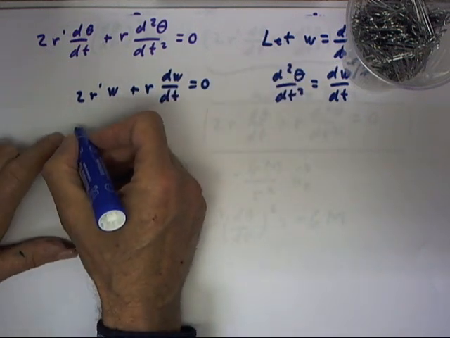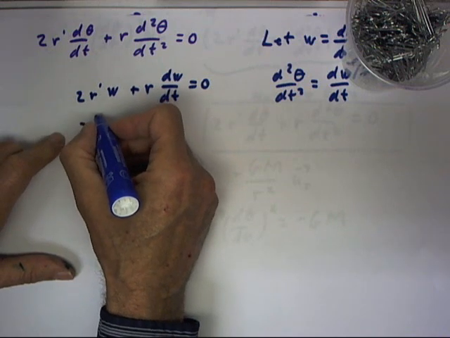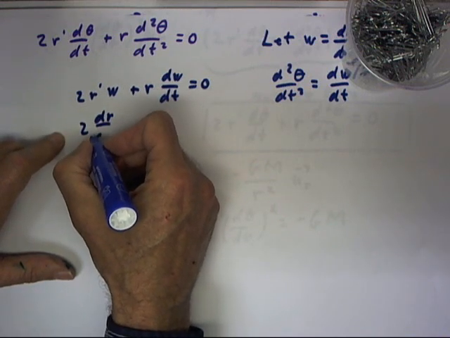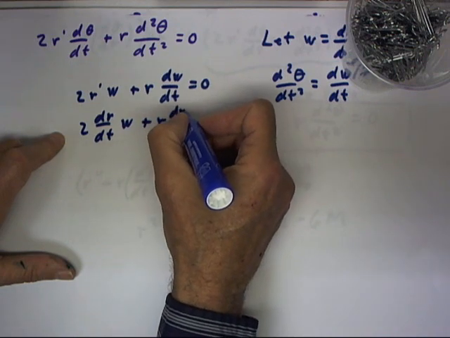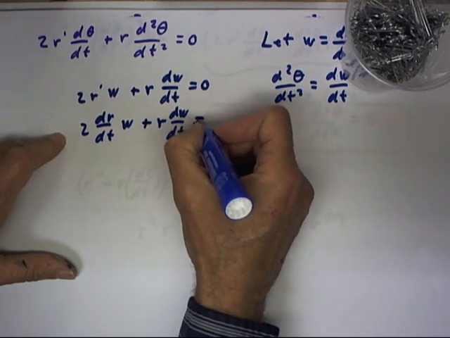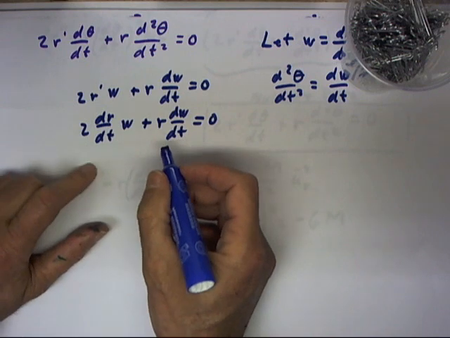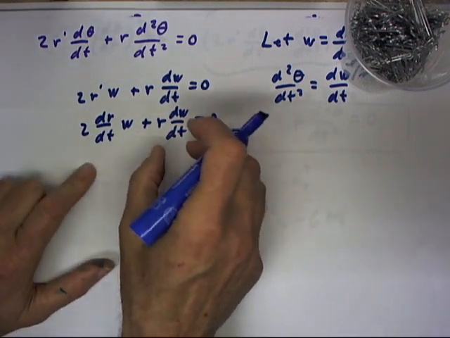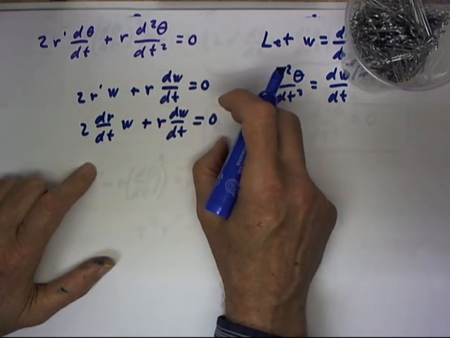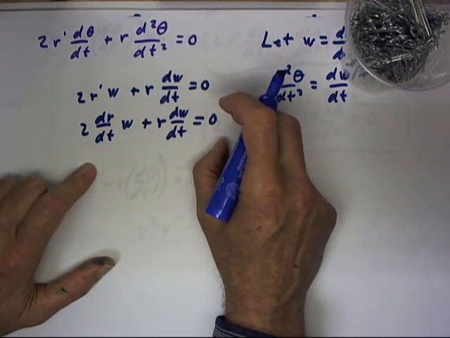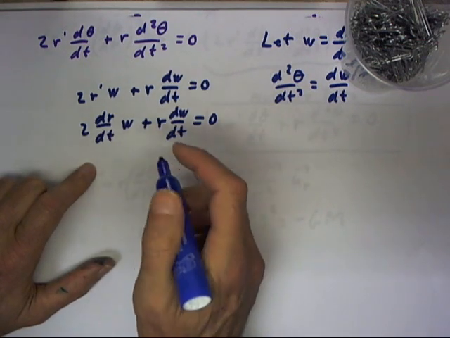And I should have written it this way in the first place, but r prime is just dr dt, so we have 2 dr dt w plus r dw dt equals 0. We can rewrite this. Let's just take our dw dt term and subtract it from both sides, so it'll be on this side, and leave our dr dt term on this side.